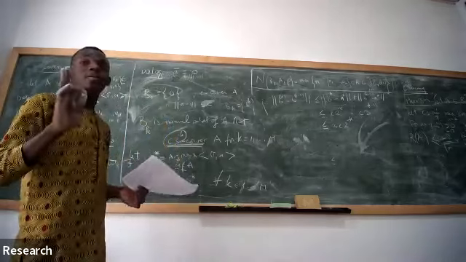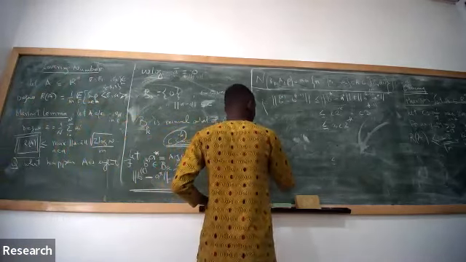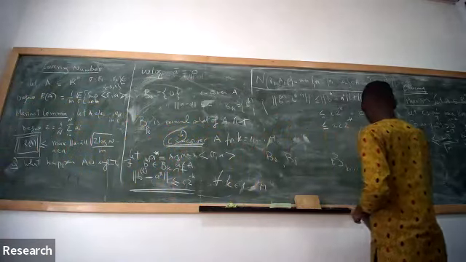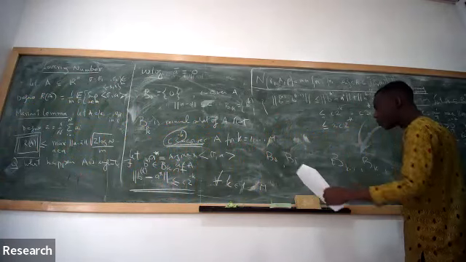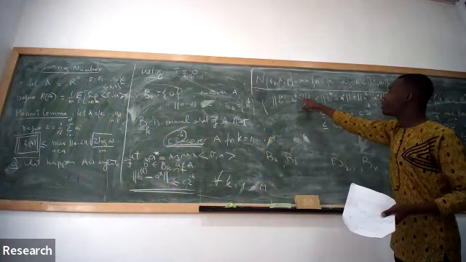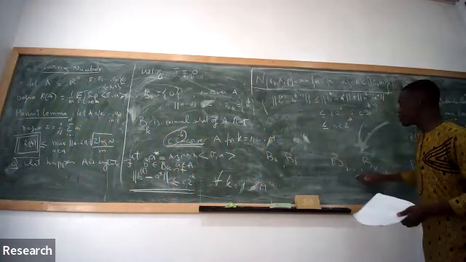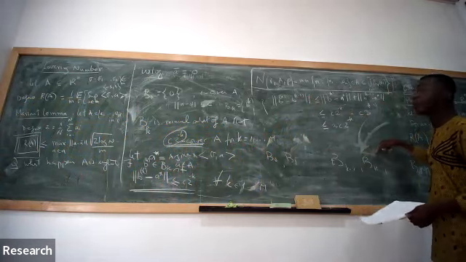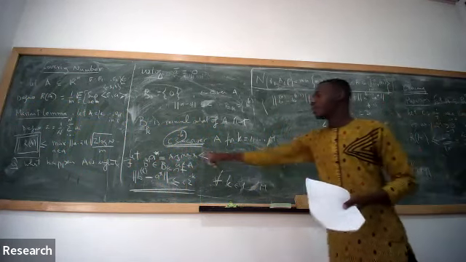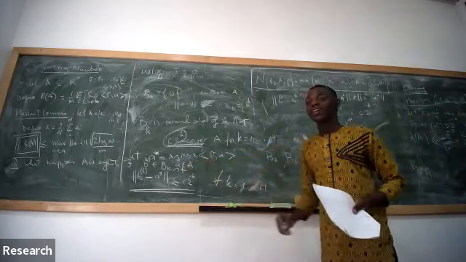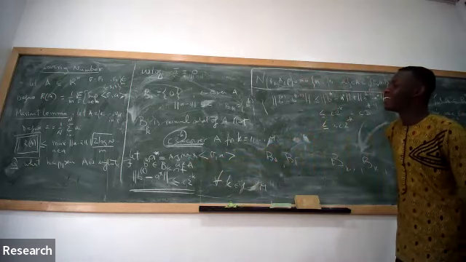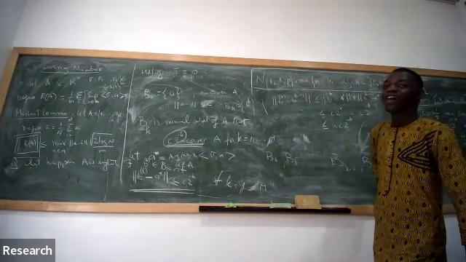Then I'm having B_0, B_1, to B_{k-1}, B_k, to B_m. B_{k-1} belongs to this set and B_k belongs to here. And this always exists. How does it exist?